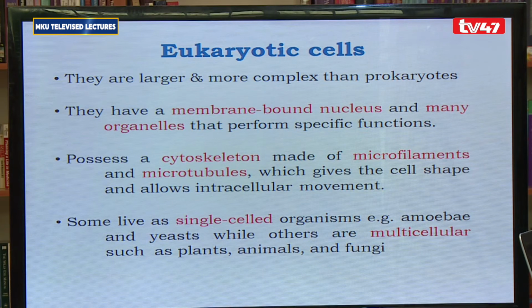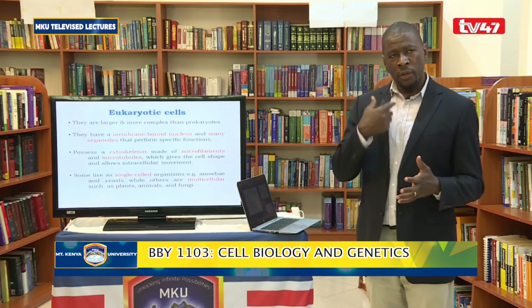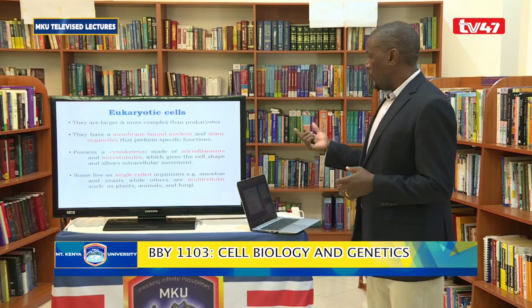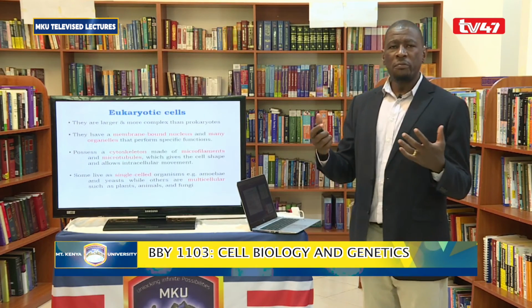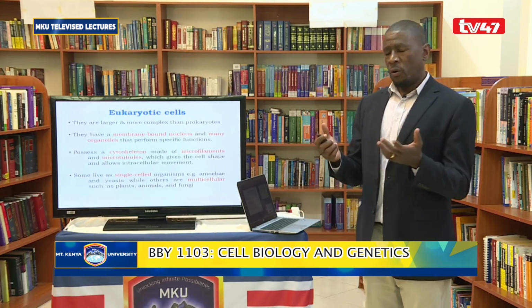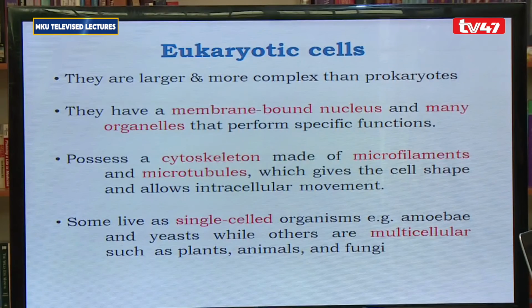For this intracellular movement, try to picture the muscles that we have in the esophagus or in the throat region. They help to push down food. So the movement of the muscles moves the food in our throat area. Within the cell, not muscles, but these filaments and microtubules would help the movement of certain substances inside the cell.